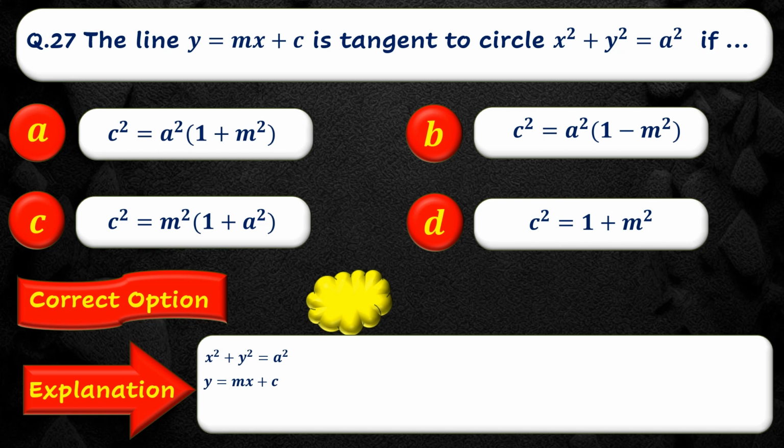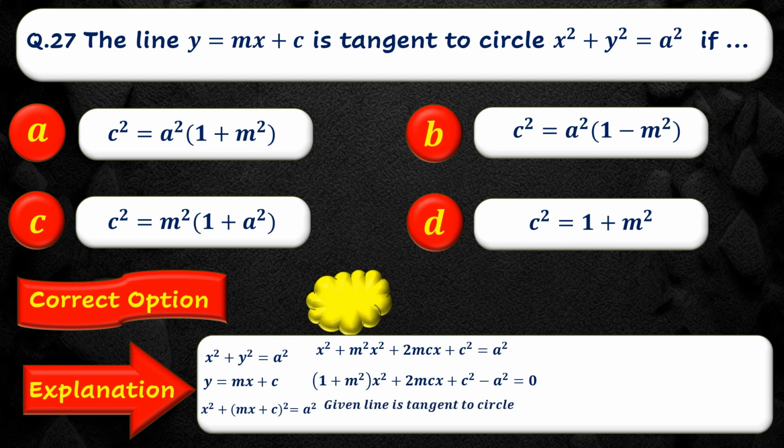Replace the value of y in the equation of circle and we get an expression 1 plus m square into x square plus 2mcx plus c square minus a square is equal to 0. Since the given line is tangent to the circle, therefore roots must be equal, and if the roots are equal, then discriminant will be equal to 0.